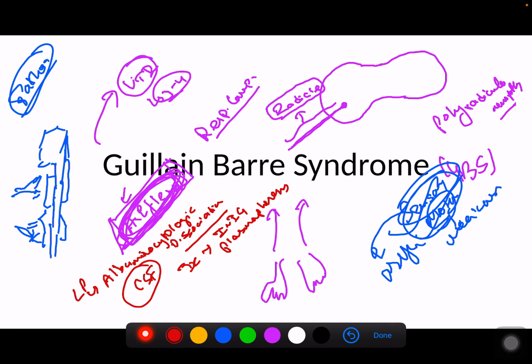That's known as albuminocytologic dissociation. It means that the protein is increased, but the WBC count is normal.